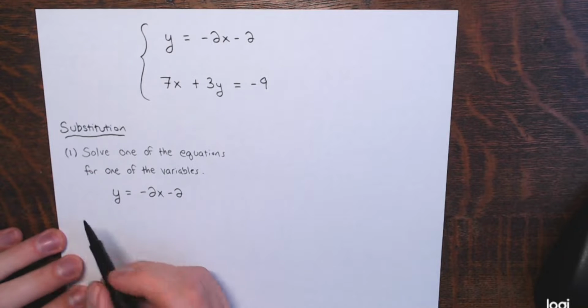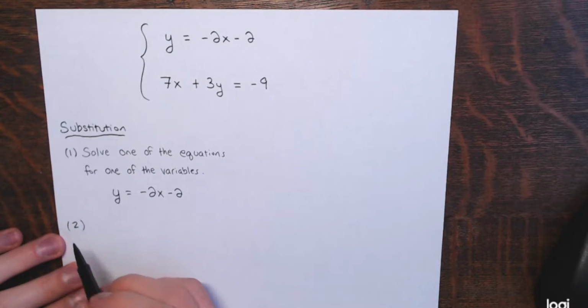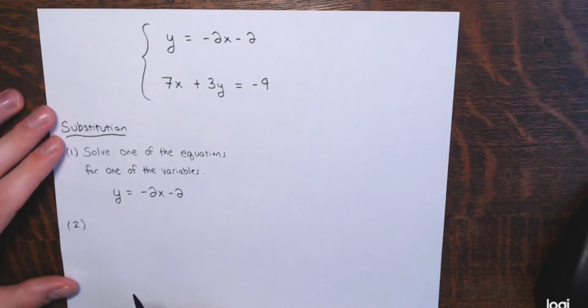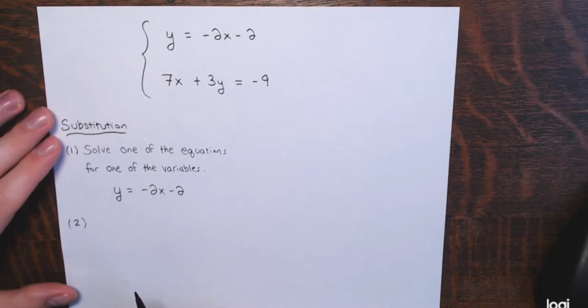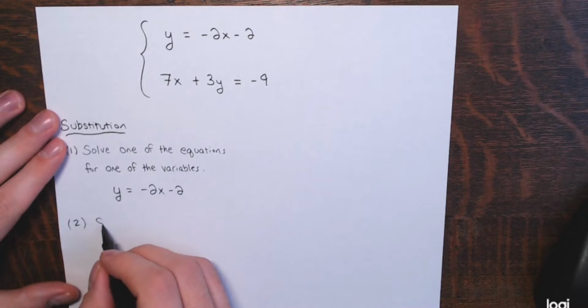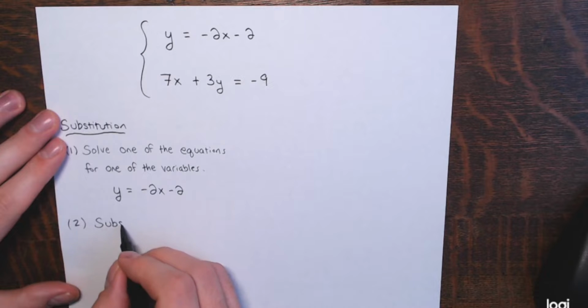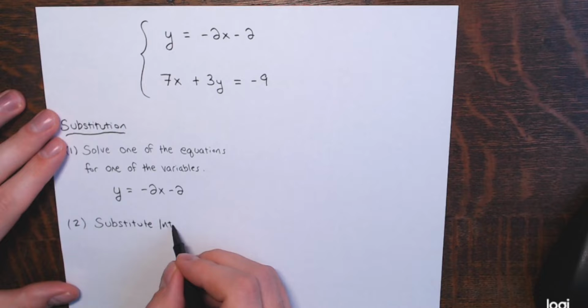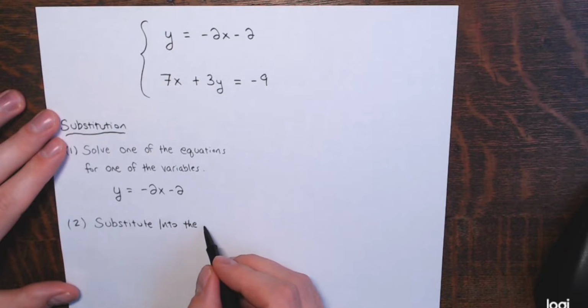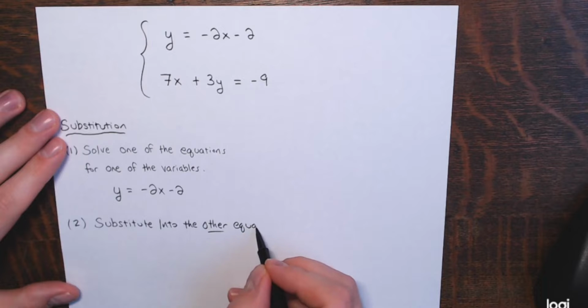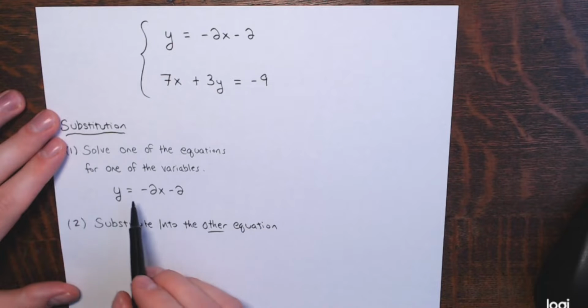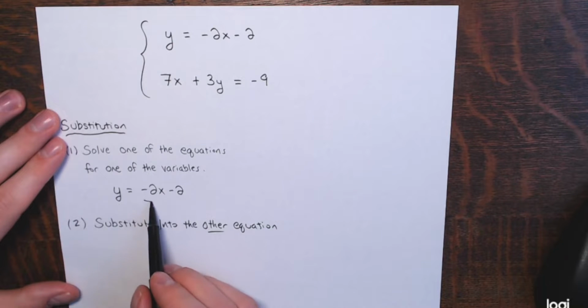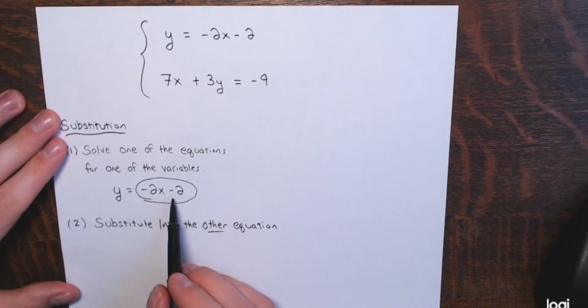Now here comes the substitution part. Substitute into the other equation. Right, so you see how I have y equals negative 2x minus 2.